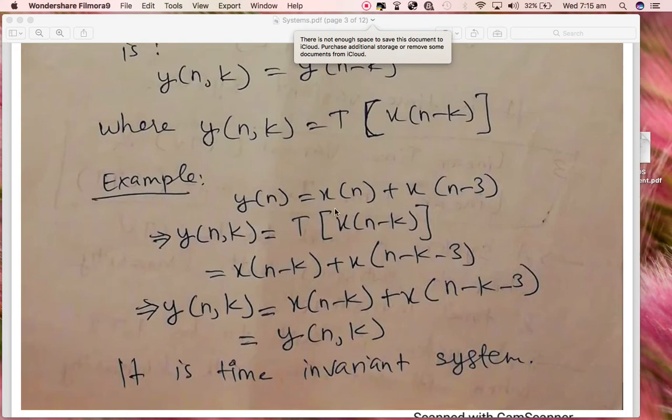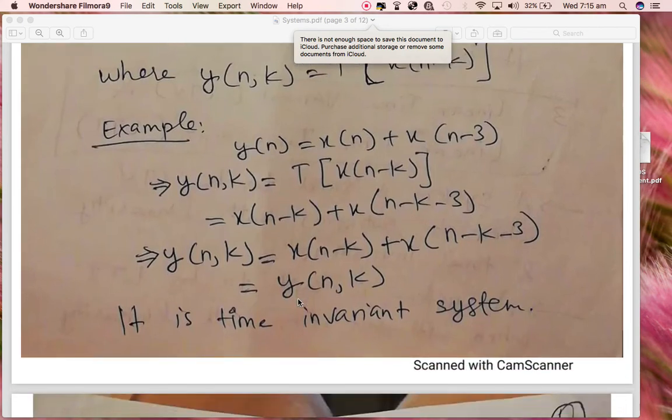So when we do this transformation for the above equation, we replace the time values, which for the discrete case are the sampled values, from n to n minus k for these two, and we get this kind of answer.